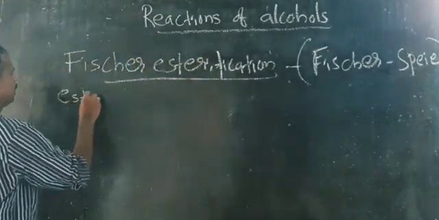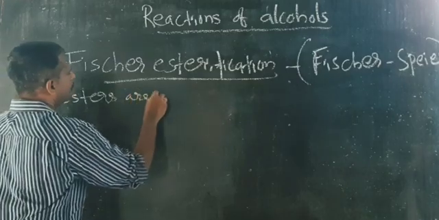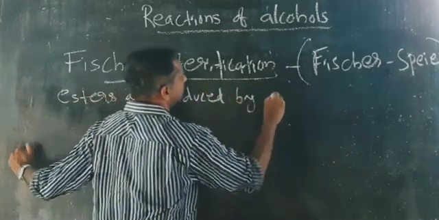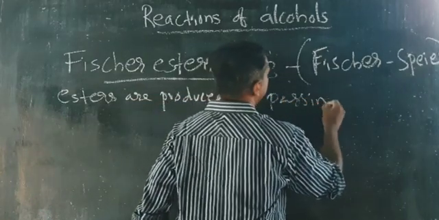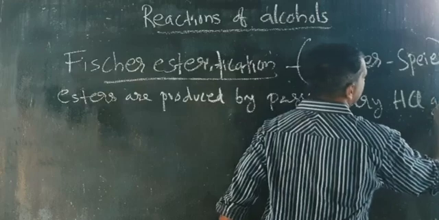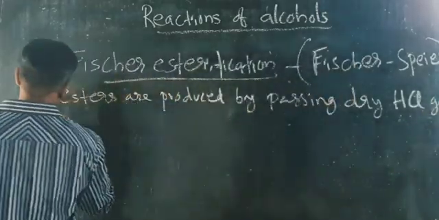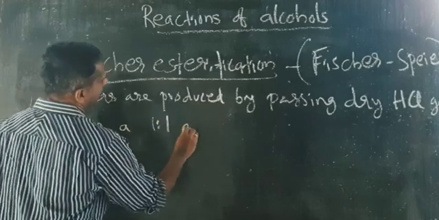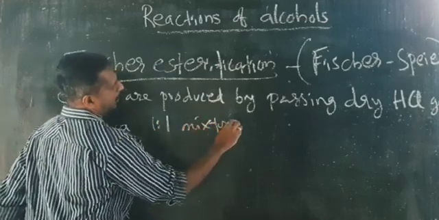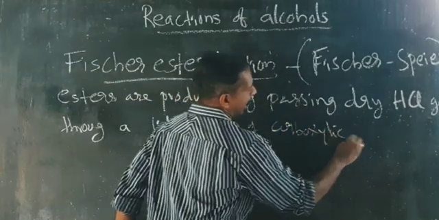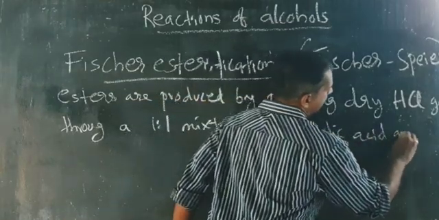Esters are produced by passing dry HCl gas through a 1:1 mixture of carboxylic acid and alcohol.